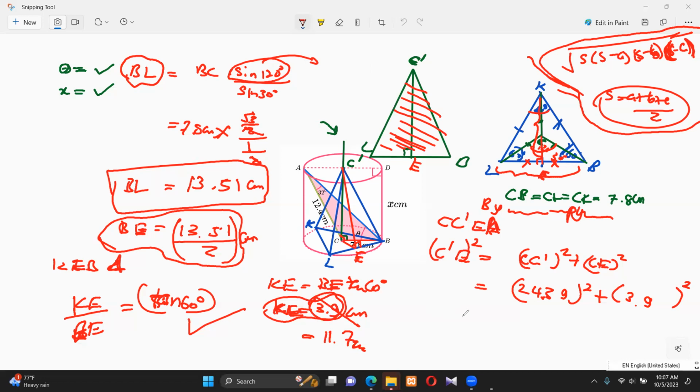Yeah, it can be. But it's pretty close to the orthogonal height of this cylinder. Right, we can see that C prime E equals 24.70 centimeters, right?